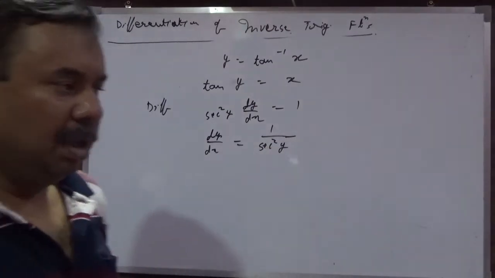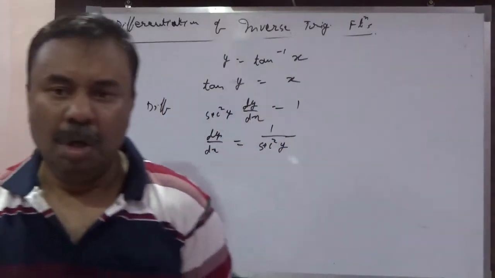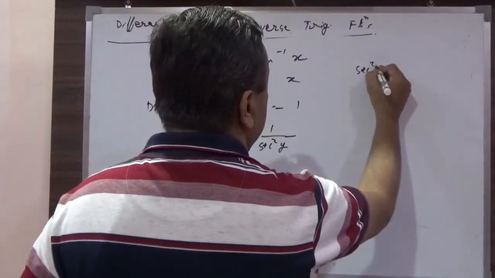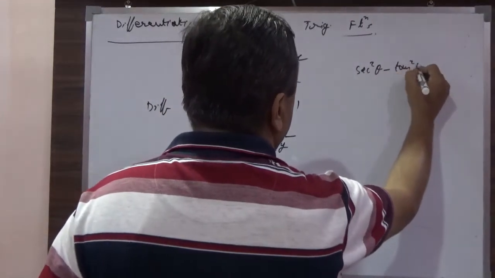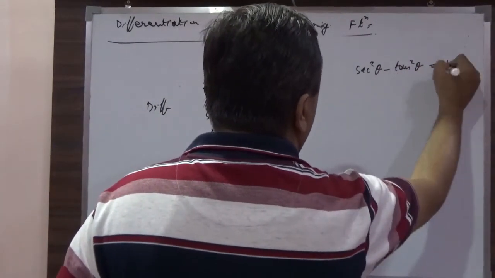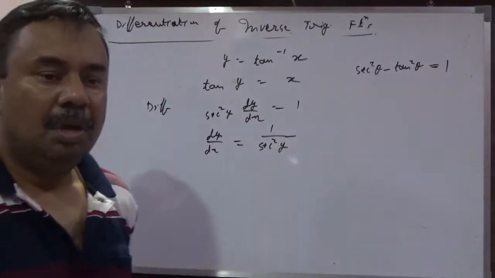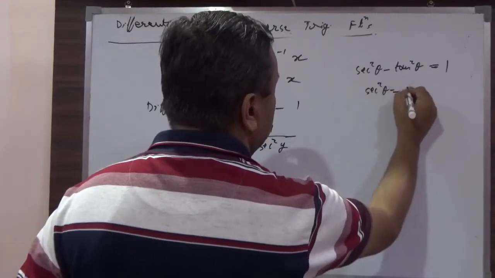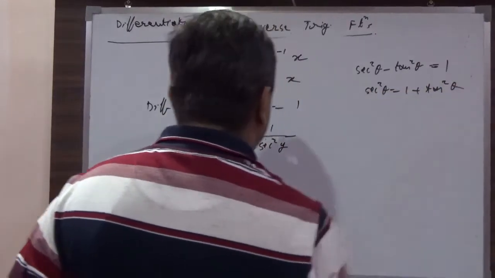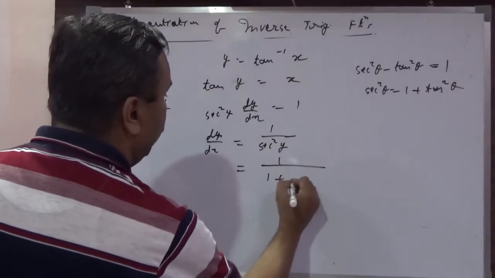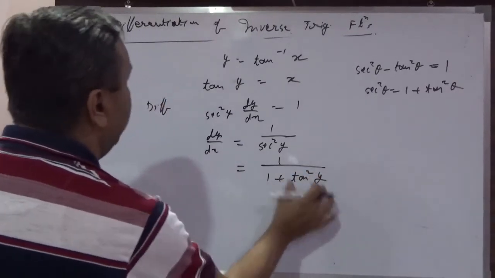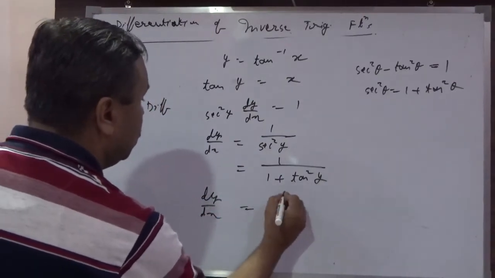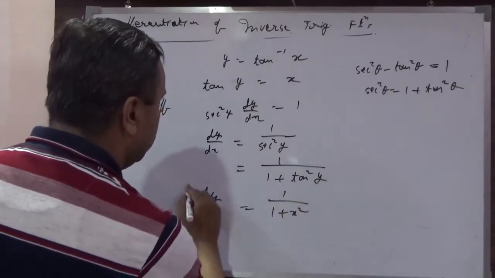Just remember sec square theta minus tan square theta was equal to 1, so sec square theta is equal to 1 plus tan square theta. So this will be written as 1 by 1 plus tan square y, and tan y is x. So here dy by dx is equal to 1 by 1 plus x square.